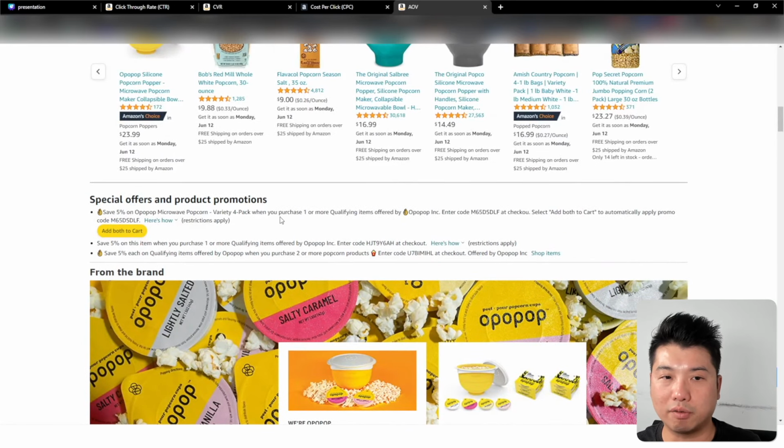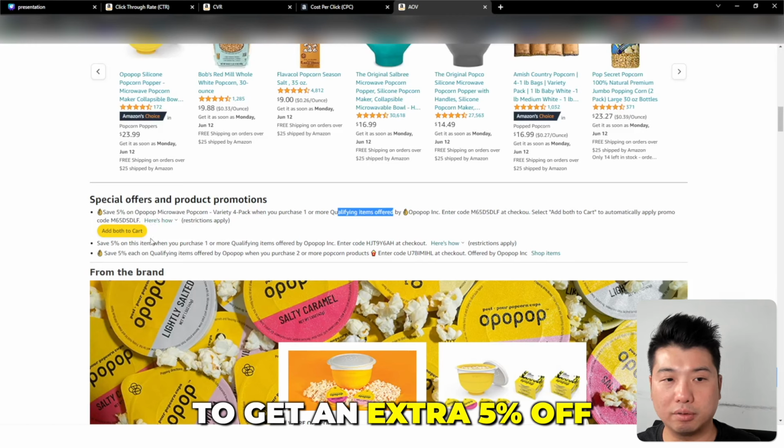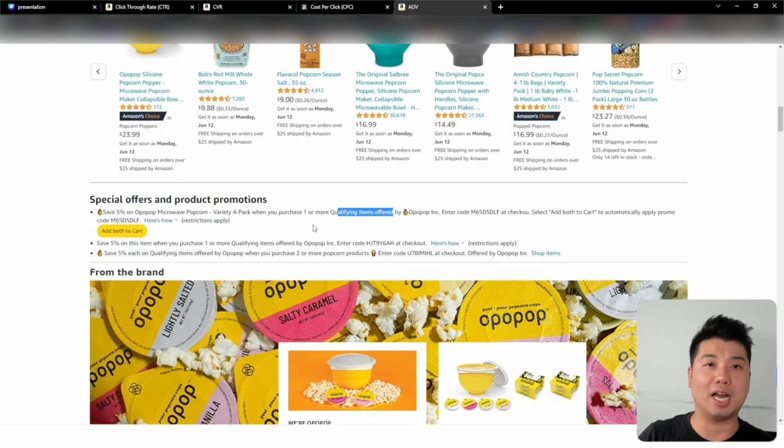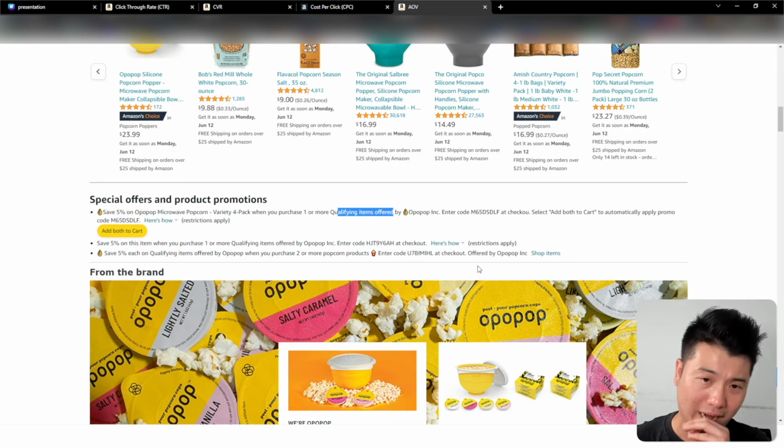For example, in this offer right here, it's telling them to purchase this item, the 4-pack, right? And 1 other item to get an extra 5% off, right? So you could give some conditionality, as in you need to buy this and that to get that 5% off, or you could get 10% off if you buy 2 items of this product. So those are ways to use these coupons to increase your average order value.